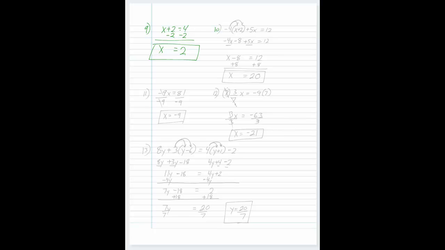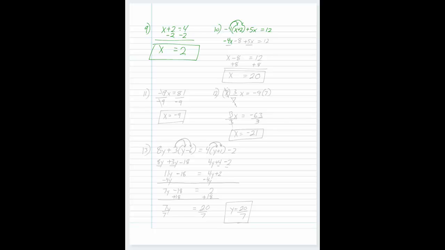Number 10. We have negative 4, parentheses, x plus 2, plus 5x equals 12. First, let me multiply x and 2 by negative 4. Negative 4 times x is negative 4x.